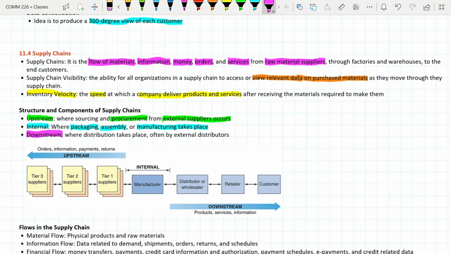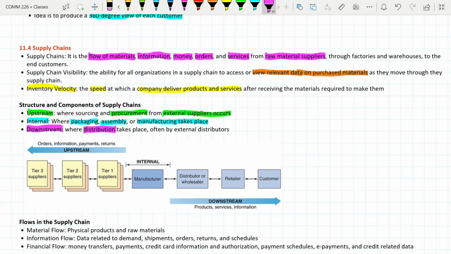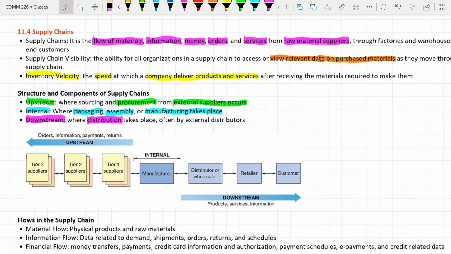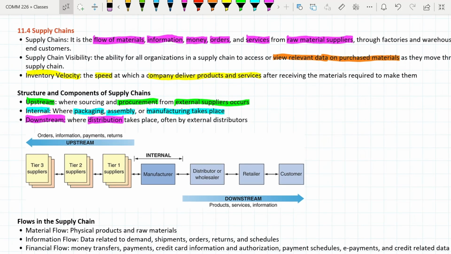Downstream is where distribution takes place, often by external distributors. So here it explains it. The upstream has your tier 3 suppliers, your internal is the manufacturer that manufactures all the supplies, and then your downstream is the products and services that are being distributed to the clients or customers.